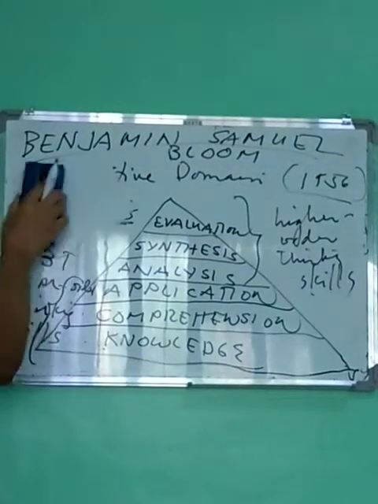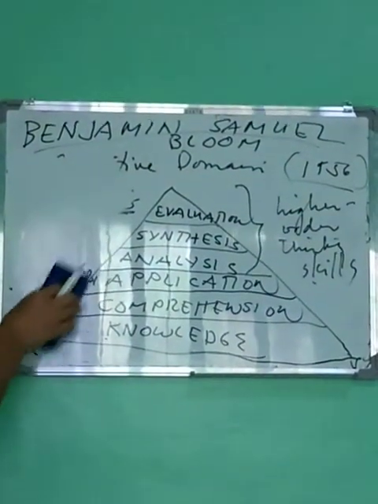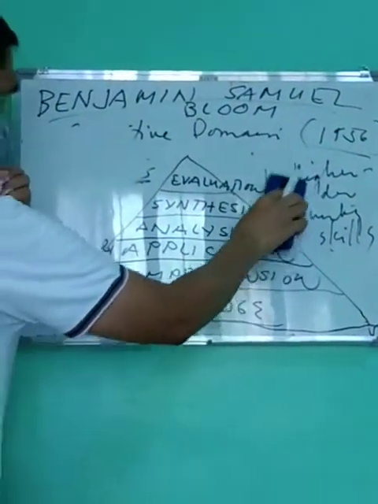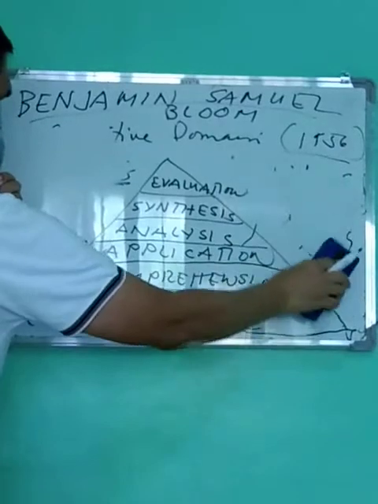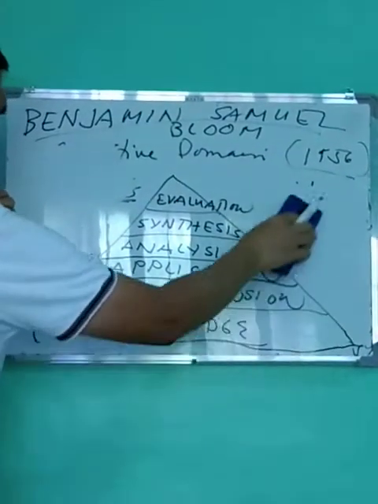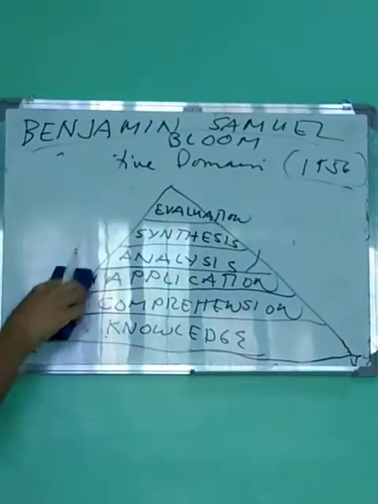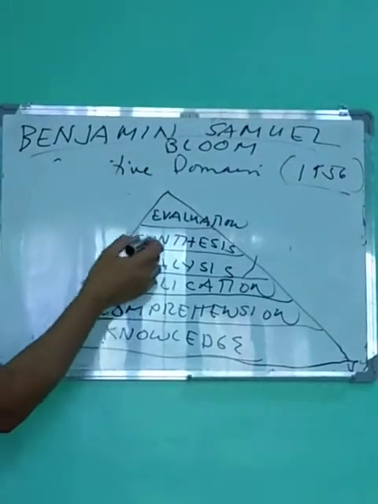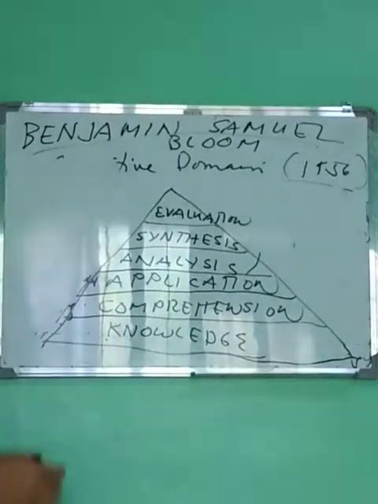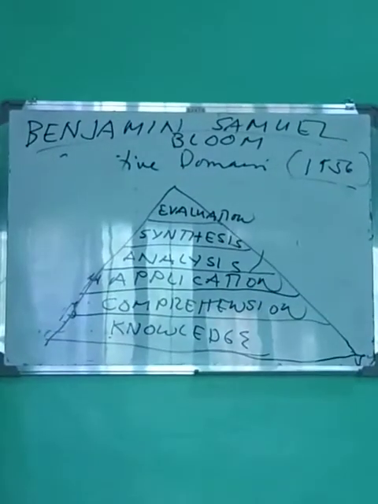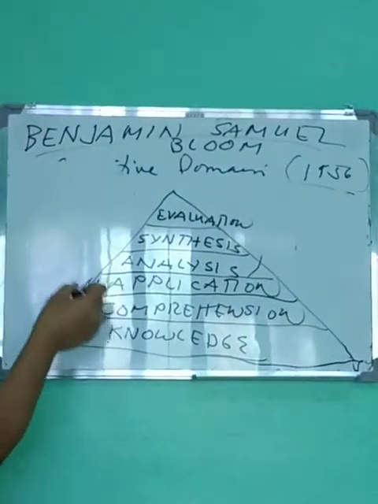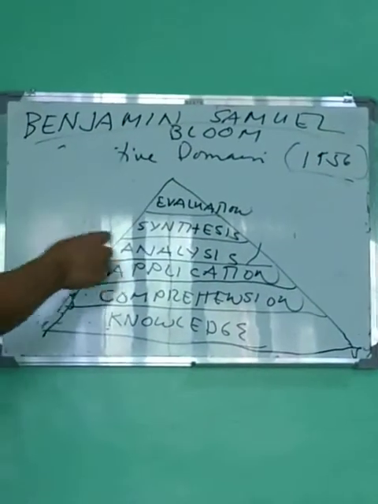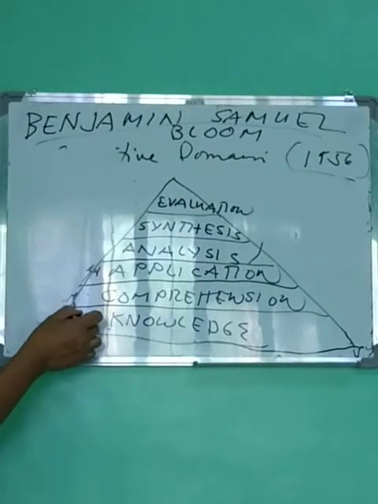The change now in the 1990s is, instead of using these abstract nouns, which he called knowledge, comprehension, application, analysis, they coined it into verbs this time. So verbs, instead of nouns.